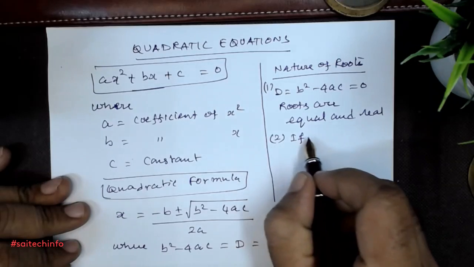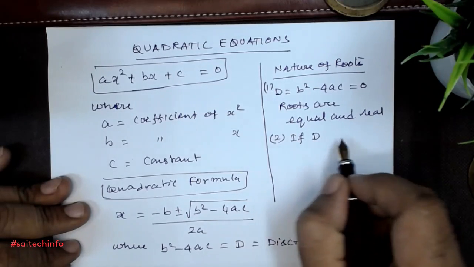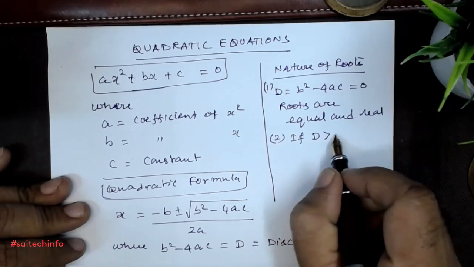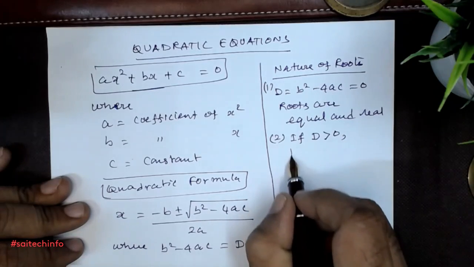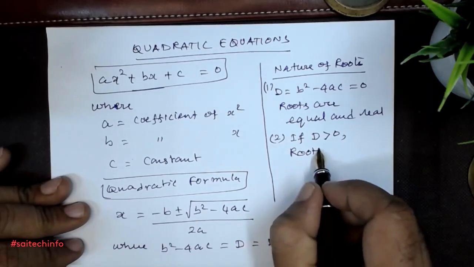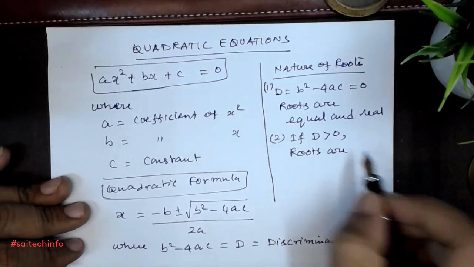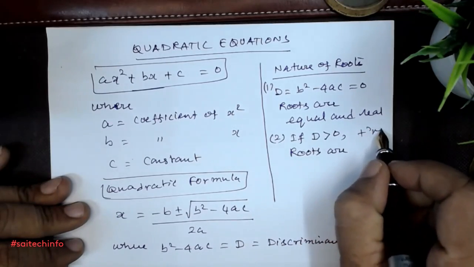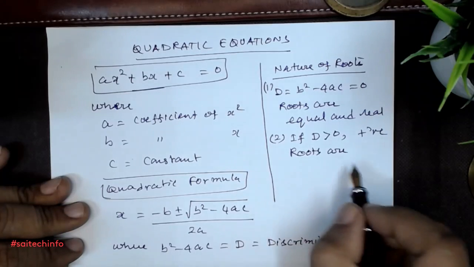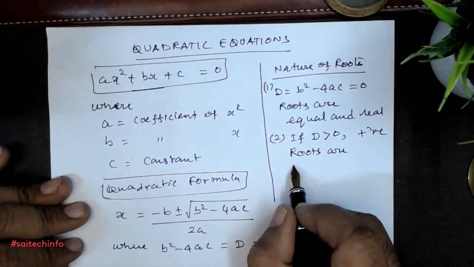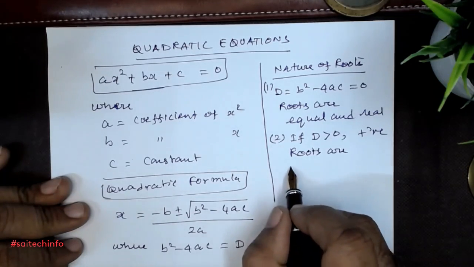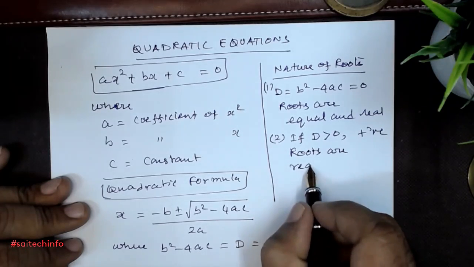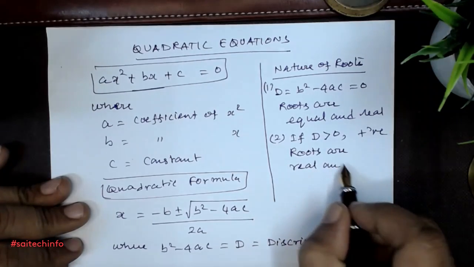If d is greater than 0, meaning positive, the roots are real and unique or distinct.